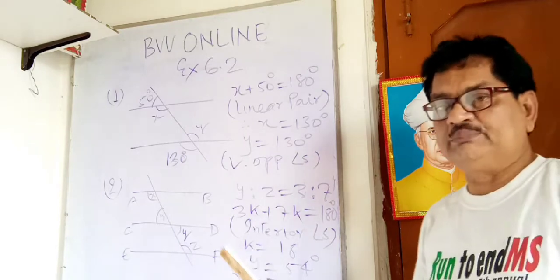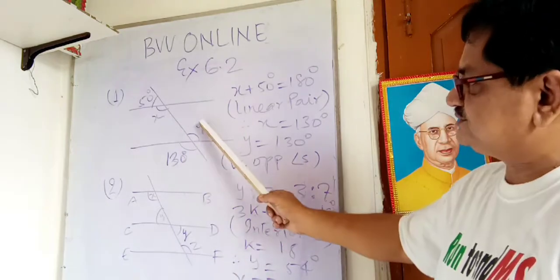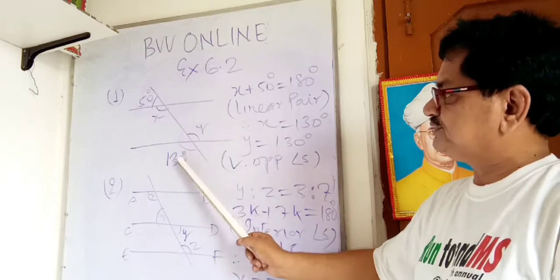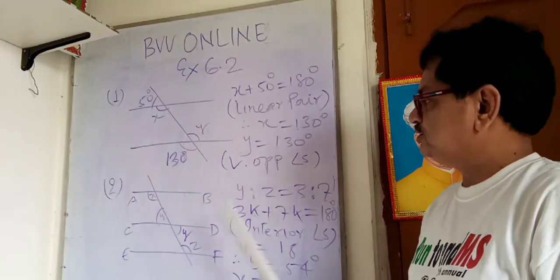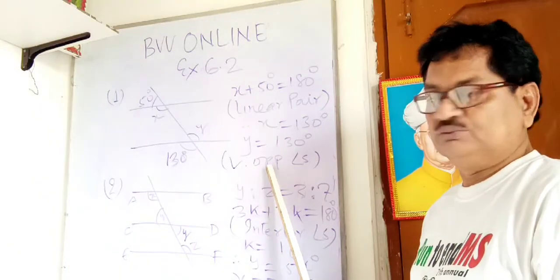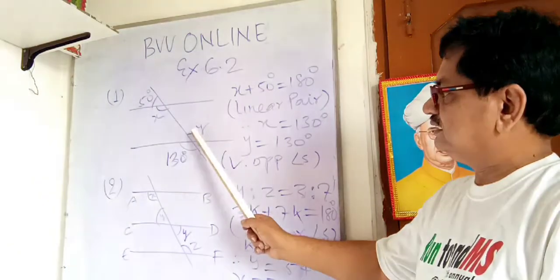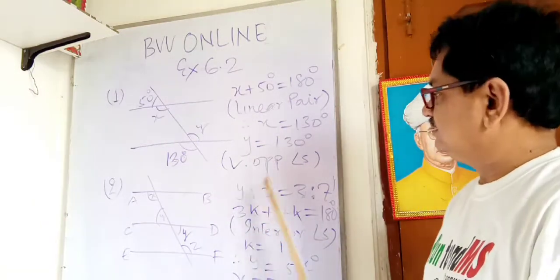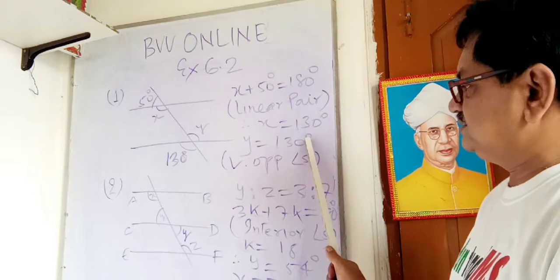So one value we have calculated. Now let's see for y. Y and 130 degree, both these angles are vertically opposite angles. Here vertically opposite angle y should be equal to 130 degree. Therefore y equal to 130 degree.